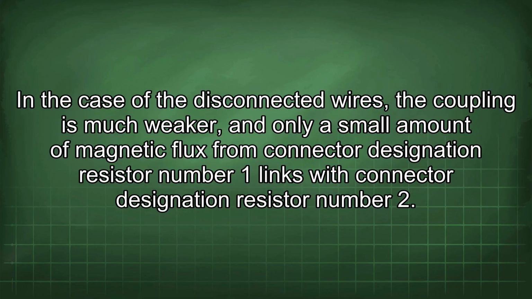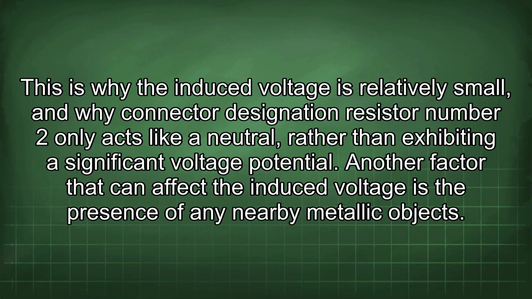In the case of the disconnected wires, the coupling is much weaker, and only a small amount of magnetic flux from connector designation resistor number 1 links with connector designation resistor number 2. This is why the induced voltage is relatively small, and why connector designation resistor number 2 only acts like a neutral, rather than exhibiting a significant voltage potential.